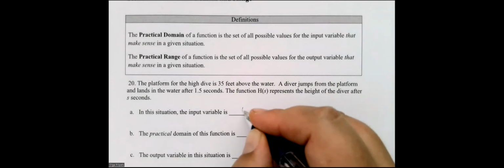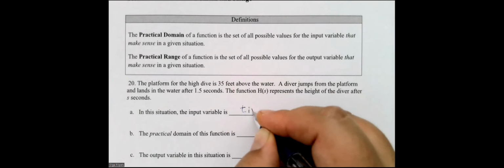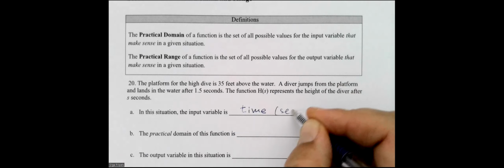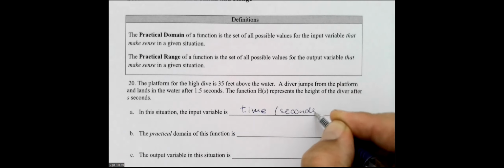In this situation, what is the input variable? Well, remember, usually when something happens over time, the time would be your input variable. So the time is the input variable and it is in seconds. So the units here are seconds.